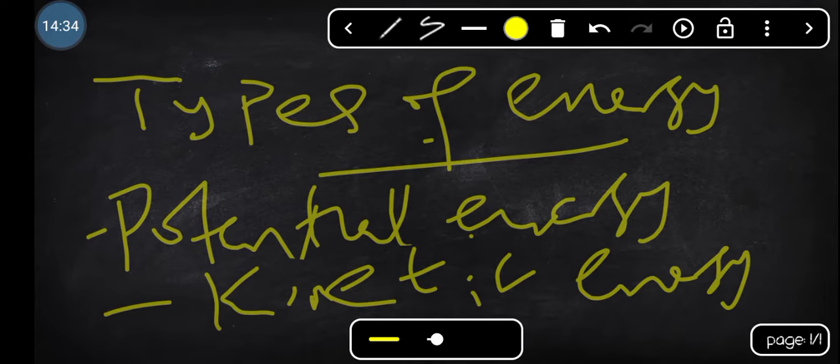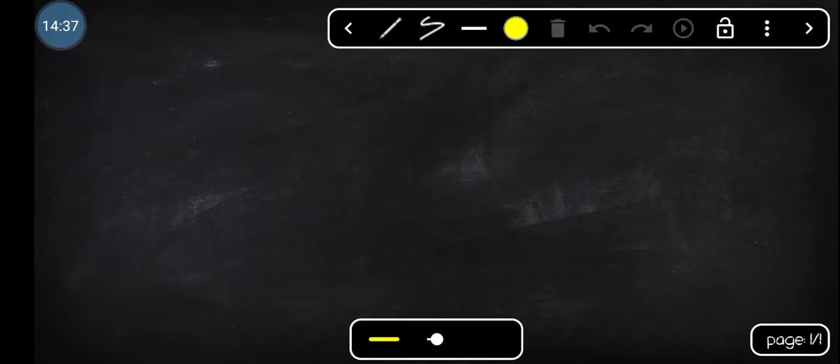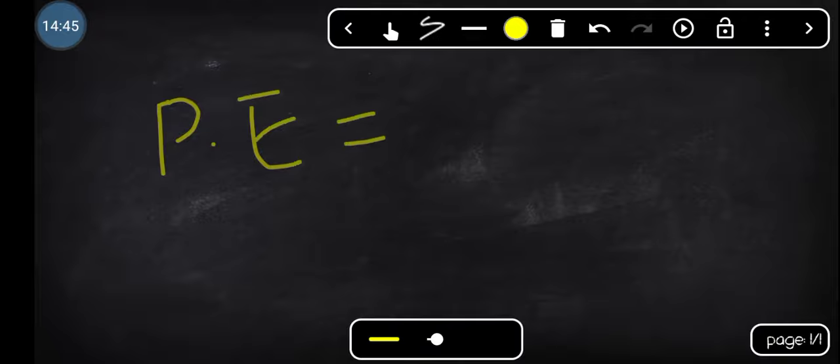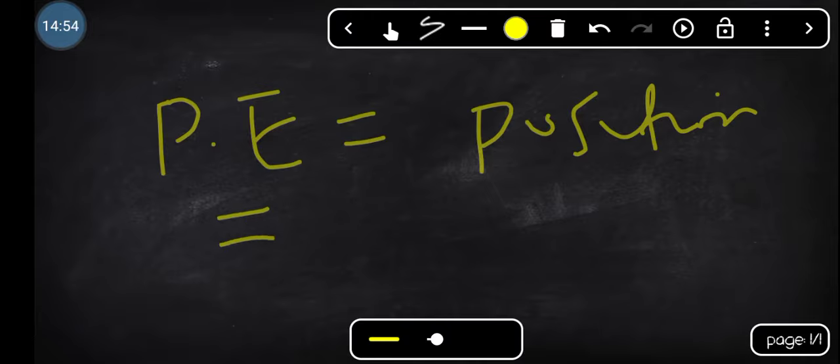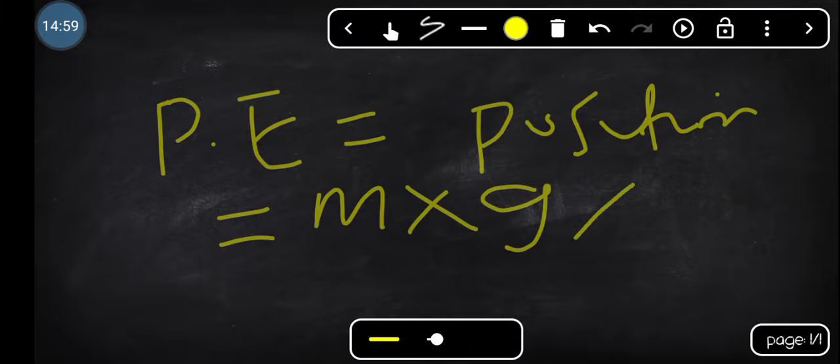Now, what is potential energy? Potential energy, PE, is the energy acquired by a body that has to do with position. That is why it is equal to mass times g, the acceleration due to gravity, times the height h through which the object ascends or descends.